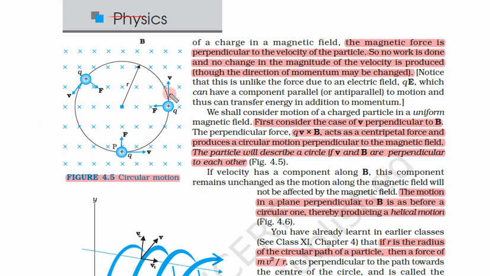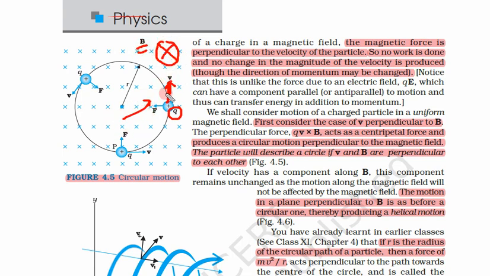Here we can see that this is the direction of the velocity of the charged particle. This is a particle, positive Q. This is moving in this direction, and the direction of the magnetic field is represented by this cross. That means the magnetic field is inside the plane of the paper.